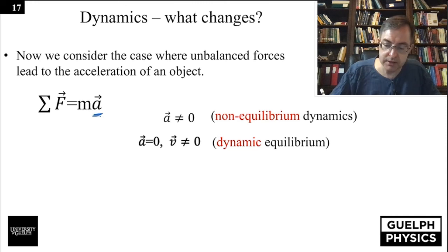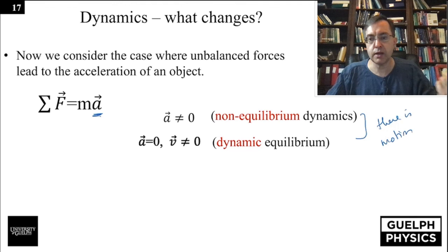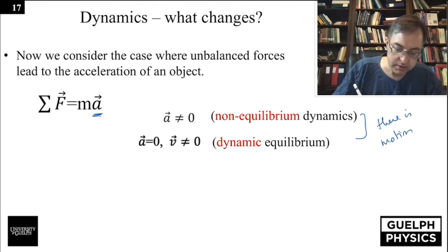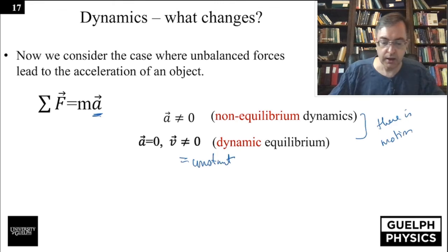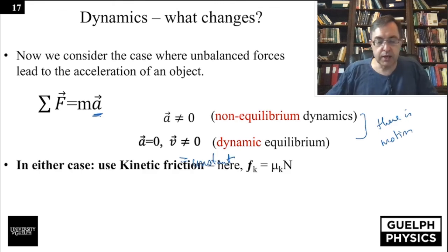In either case, there is motion. One is accelerated motion and the other one is constant velocity motion. So this would be v actually is a constant. And so in either case, we'll use kinetic friction. So that's the main difference.